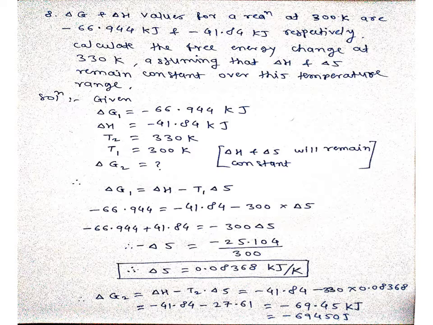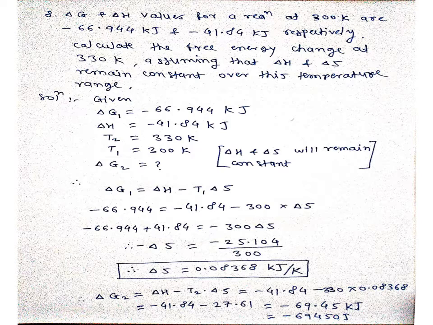Therefore, delta G1 is equal to delta H minus T1 delta S. Here delta G1 we have taken, delta H1 we have not taken because delta H remains constant over this temperature range. Delta S also remains constant over this temperature range. Therefore, it is taken constant. Therefore, put the values of G1 and T1, delta H and delta S into this equation.